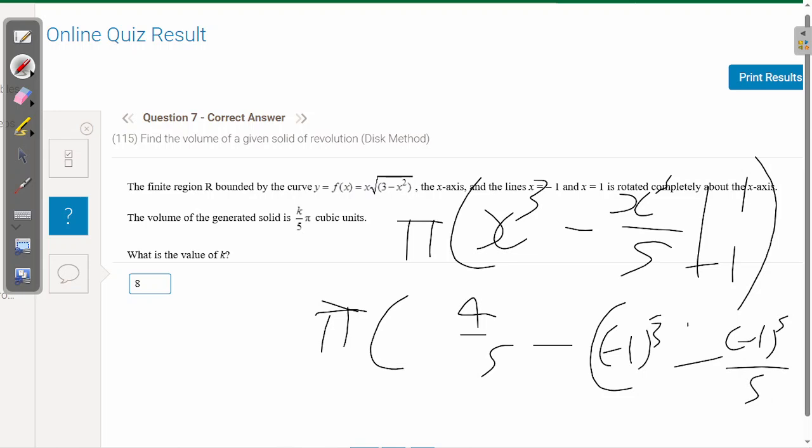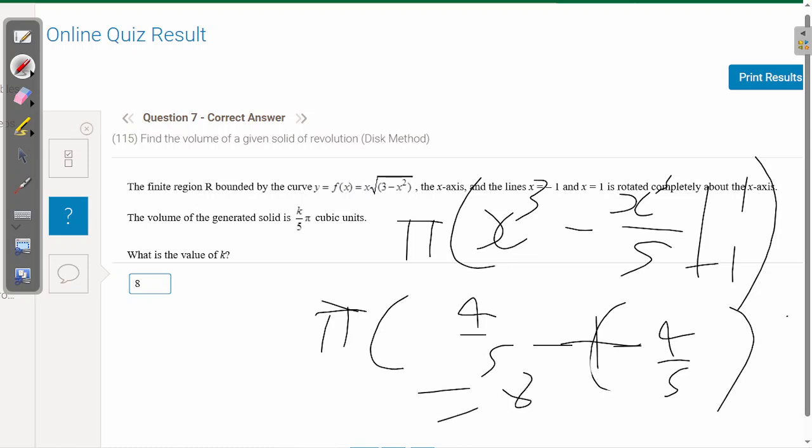So this is going to be negative 1 plus 1 over 5, which is negative 4 over 5. You add these up, it's going to be 8 pi over 5, which is the answer.